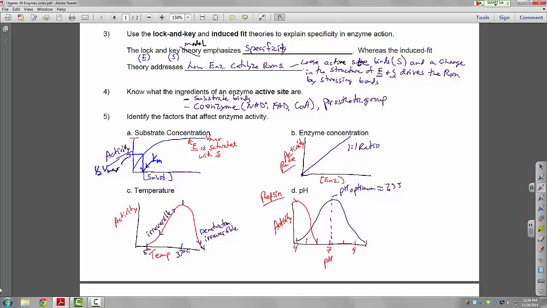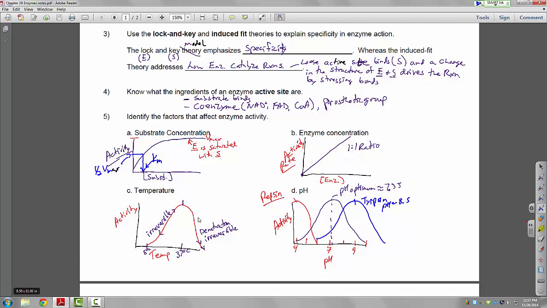Or we could have one that is a basic pH as well, so maybe this is like trypsin, spelled that wrong, but trypsin pH optimum is about 8.5.